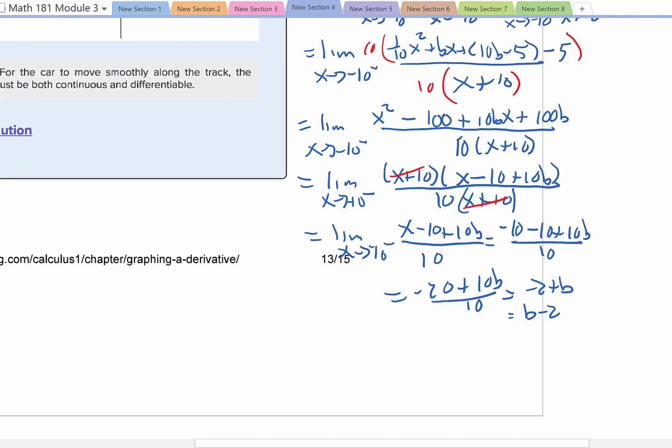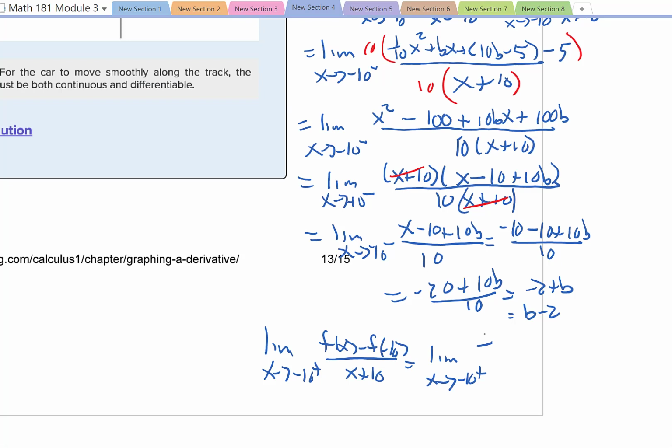Now one more point: from the other side, the limit as x approaches negative 10 from the right side of f of x minus f of negative 10, all over x plus 10, needs to be the limit as x approaches negative 10 from the right side of, well, we found that to be negative, turn the page, check those notes again.